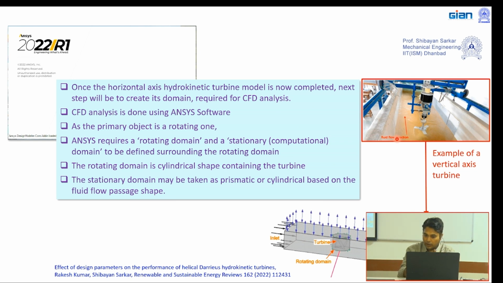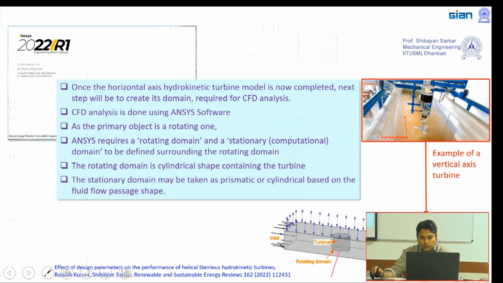Otherwise, if we cannot do it properly, ANSYS cannot compute it. This picture is for the vertical axis case, but in our case this cylindrical zone will be tilted by 90 degrees.